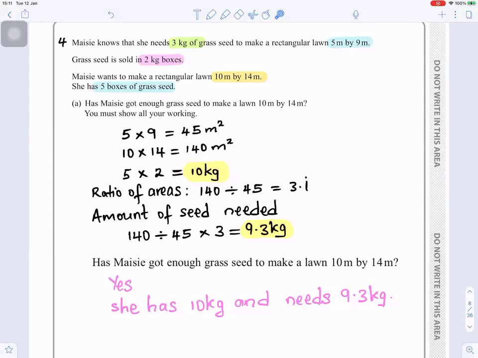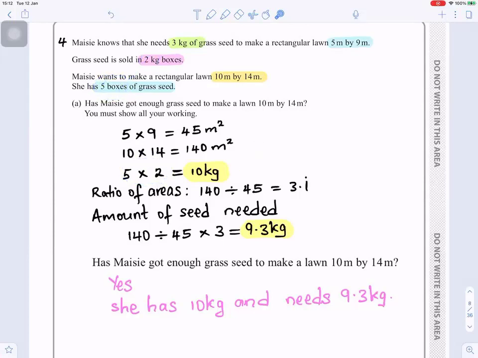So the way we want to do it is we want to do 5 times 9. It gives you 45 meters squared. So 5 times 9, 45 meters squared. And then for the rectangular lawn, 14 times 10. It gives you 140 meters squared. And we want 5 times 2, which will give us 10 kilograms.